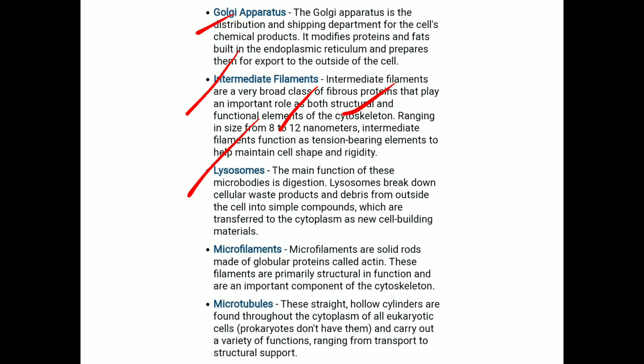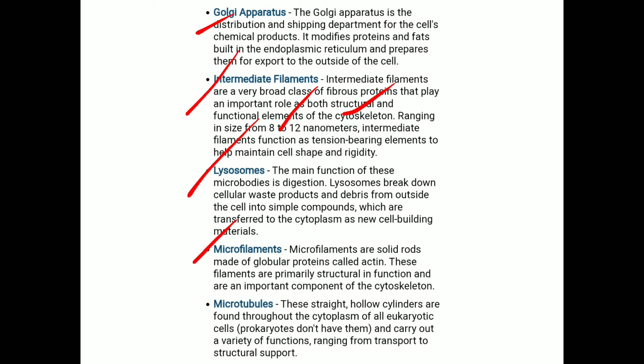So whenever harmful substances enter the cell, the cell has different kinds of enzymes. With the help of the enzymes, the toxic substances get destroyed. Sometimes these cells burst, a self-destruction. Hence these are considered suicidal bags of the cell. After that, microfilaments.